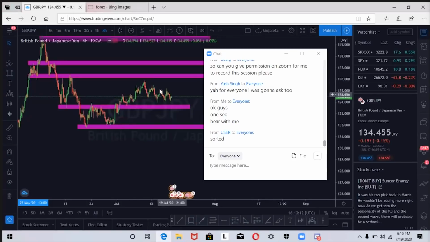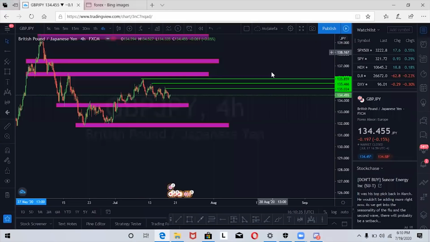So here, maybe I can use lines. Let me do this, then here. It's fine like that. But I advise you to use zones. You get what I'm saying? You can use zones so you can cover everything.